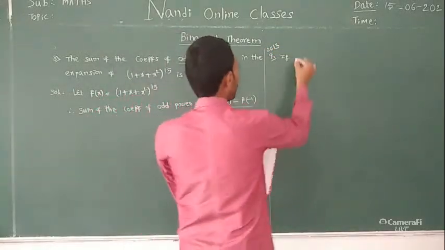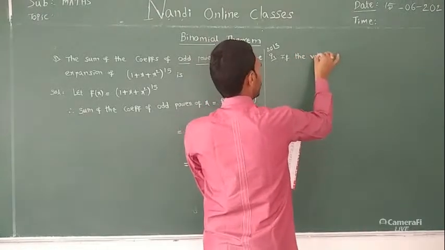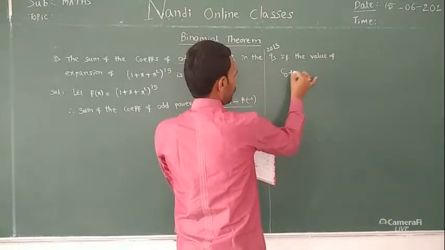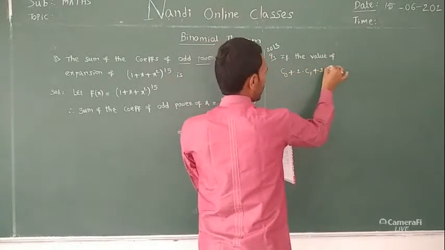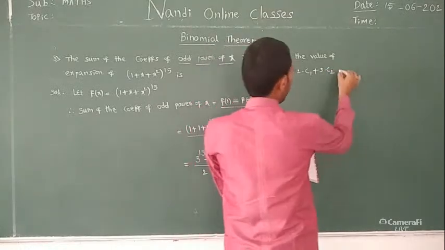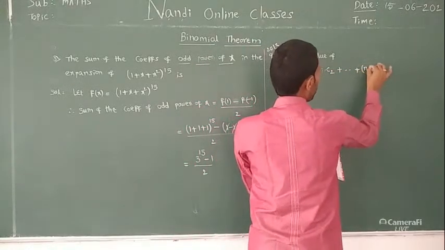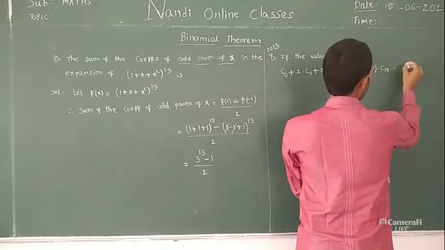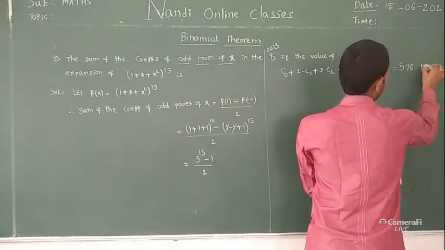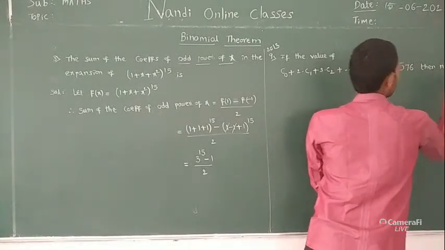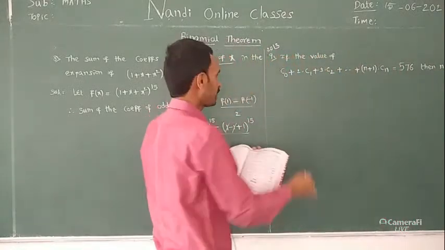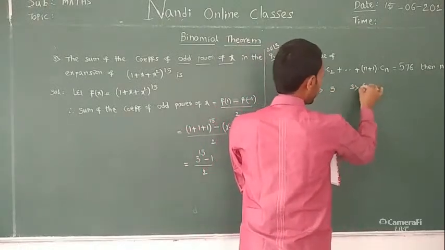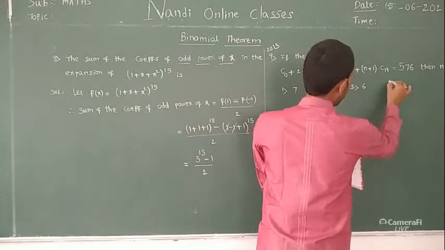If the value of C0 plus 2 into C1 plus 3 into C2 and so on plus n plus 1 into Cn is equal to 576, then n is equal to. Options are 7, 5, 6, 9.